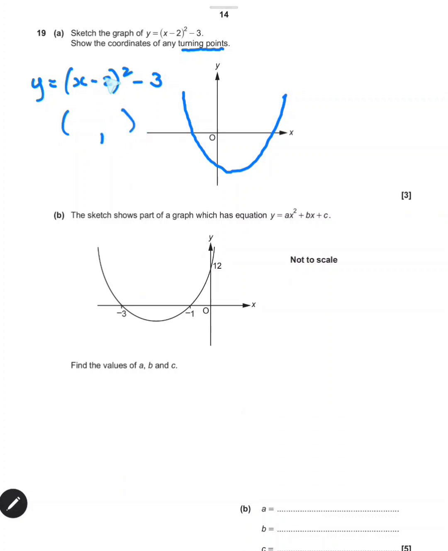The -2 I'm going to change to a +2, and I'm going to keep this -3. That there is the coordinates of the turning point. So we just need to mark this on the graph. We're going to go across to 2 and down to 3. And that is my turning point, 2, -3.